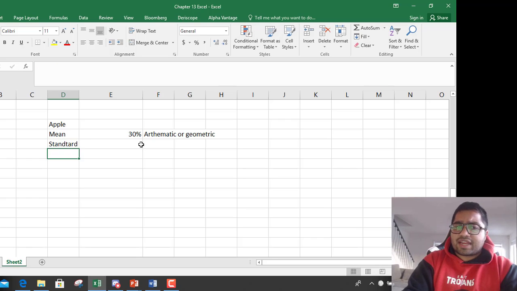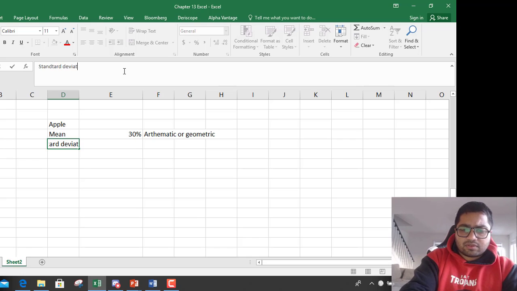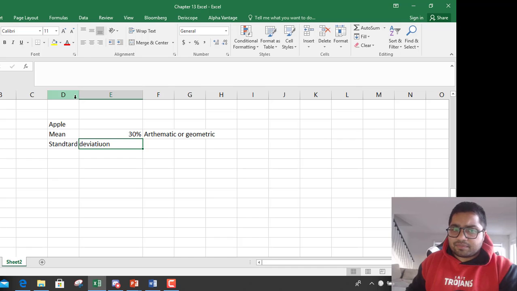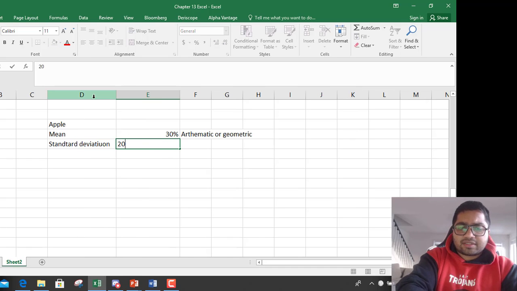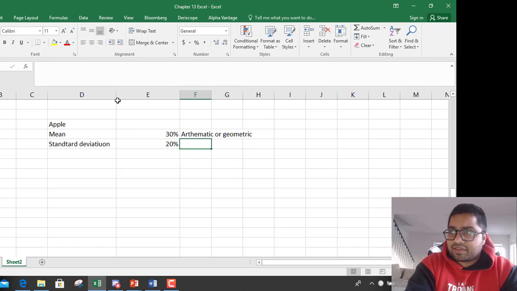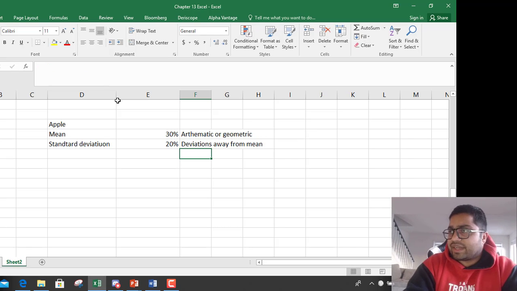You also know the standard deviation. Let's say the standard deviation of Apple is 20%. So 30% is the mean, and the standard deviation is 20%. What is standard deviation? Standard deviation is deviations away from the mean.